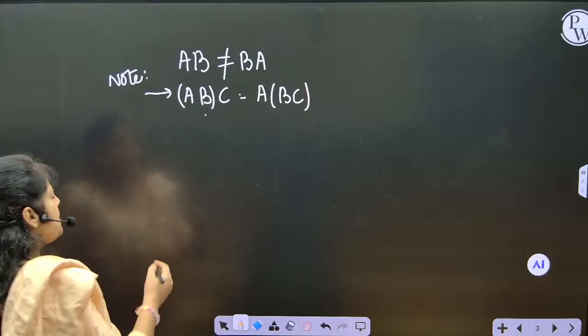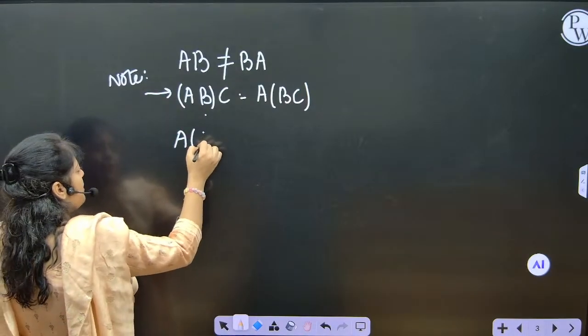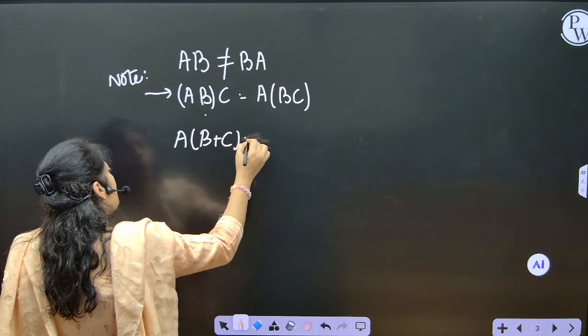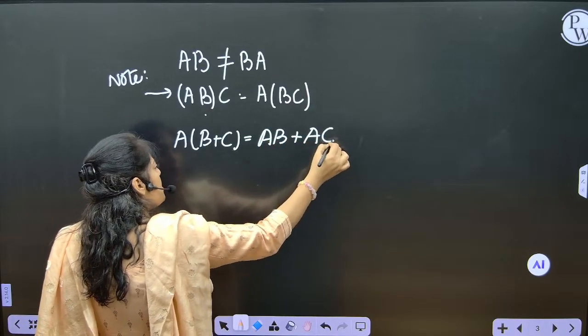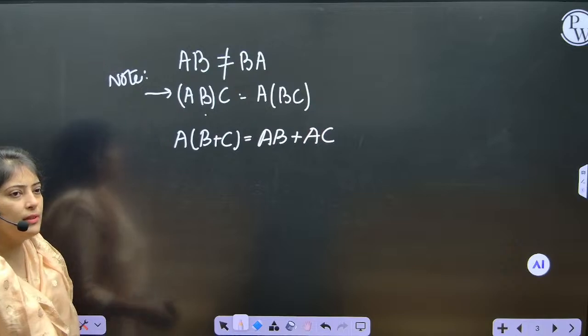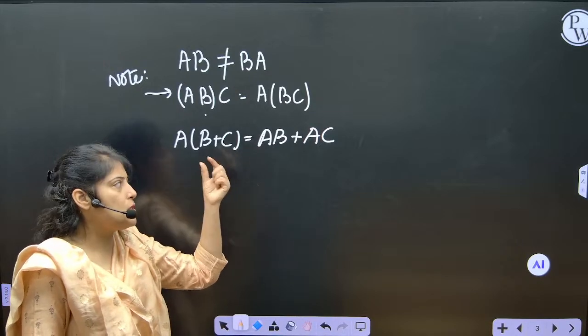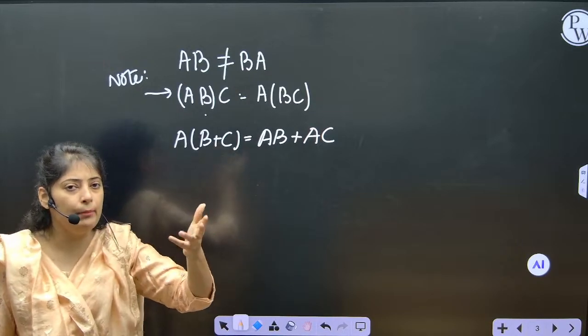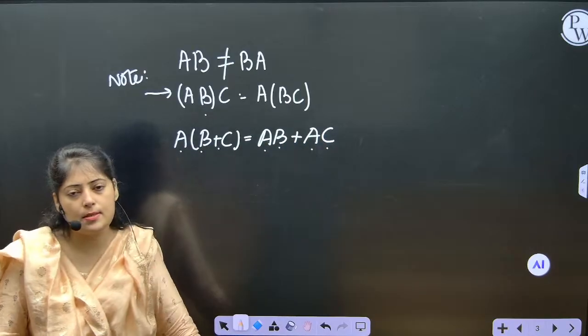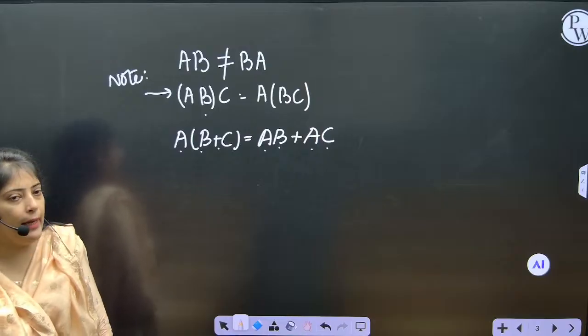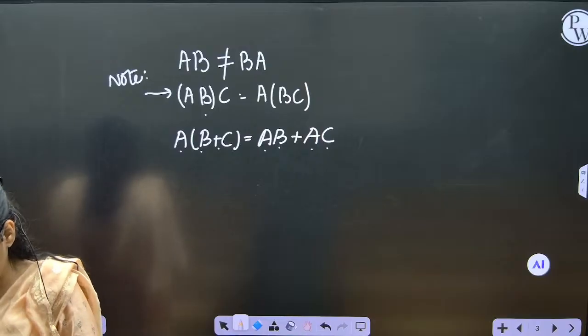The distributive law you must also have heard of: A into B plus C is nothing but AB plus AC. This was the distributive law, which we did with numbers, but here I am doing it with matrices. A, B and C are all matrices.